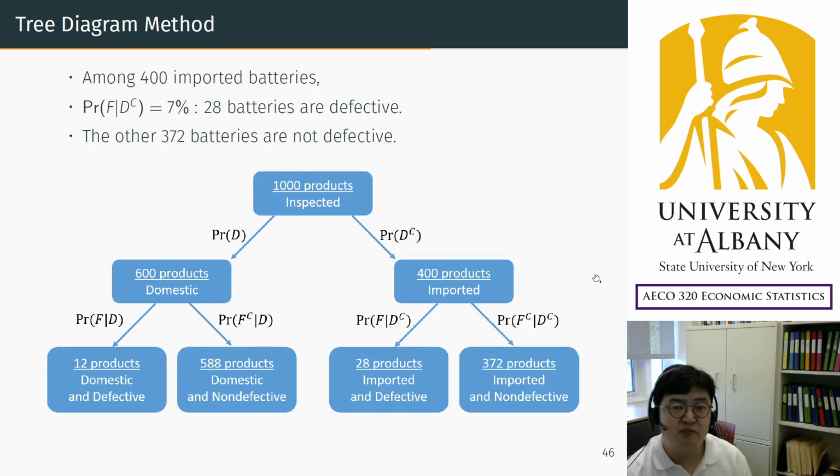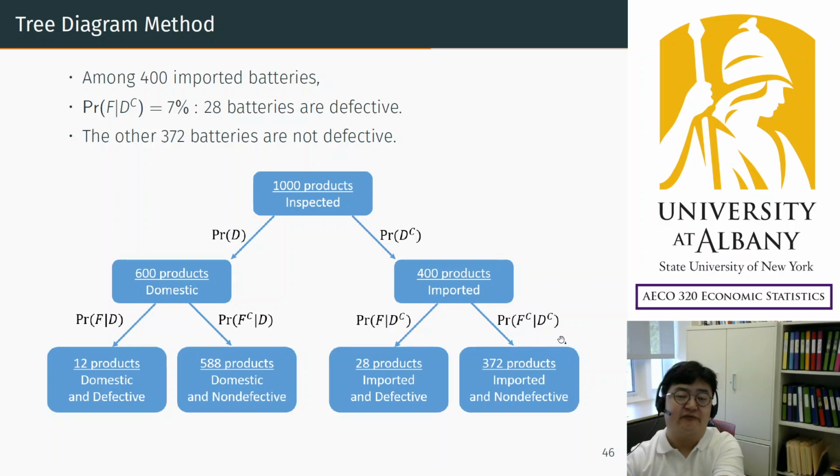There are 400 imported batteries. Now you have to use 7%, because you know the information that 7% of imported batteries are defective. So out of 400, 7% equals 28. So 28 batteries are defective, right? So pick up 28 batteries, and then the remaining ones are 372.